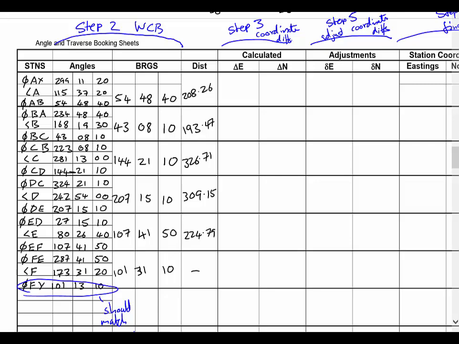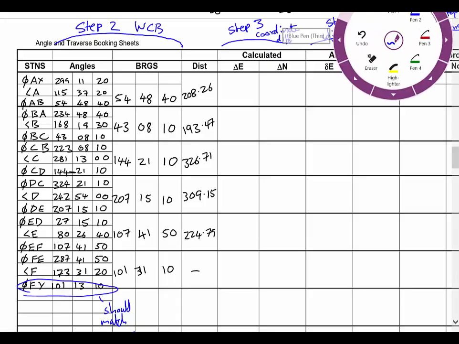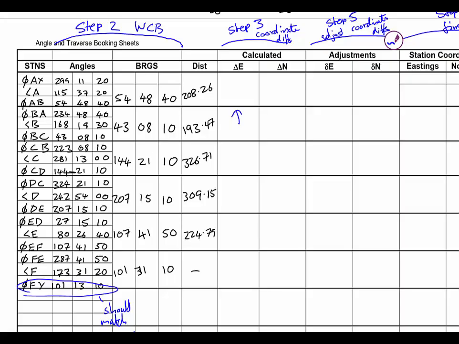Coordinate differences. If we have a distance and a bearing, we can work out the differences in coordinates. We did this when we looked at different coordinate systems. The change in Eastings is equal to the distance multiplied by the sine of the whole circle bearing. Change in Northings is equal to the distance multiplied by the cos of the whole circle bearing.